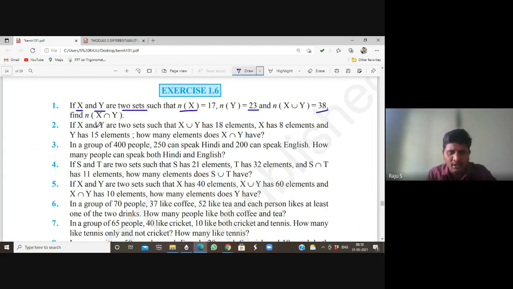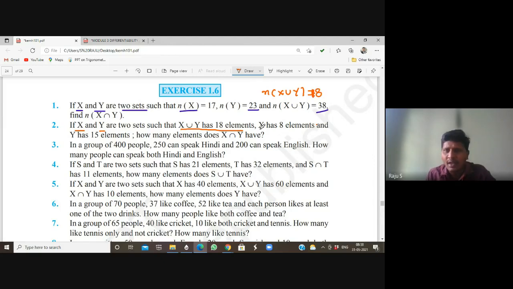Okay, here what they given, again in terms of X comma Y. So in this question, X and Y are two sets such that X union Y has 18 elements. What is the meaning of that? n of X union Y is equal to 18.